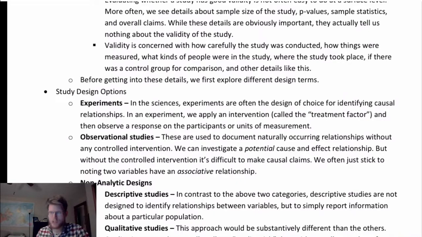I mentioned experiments and observational studies as the two types of studies we're looking at. Both are analytic studies, meaning the goal is to look at a relationship between two variables, and most of the time we're interested in whether there might be some kind of causal link. As we'll discuss with validity, sometimes the design is set up well so that we can be pretty confident in a causal link.